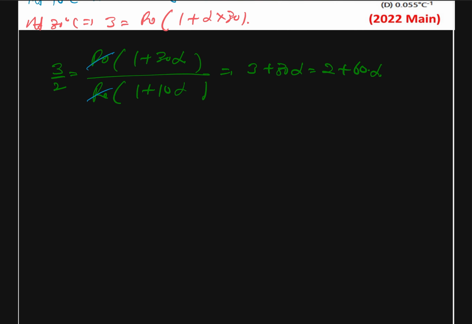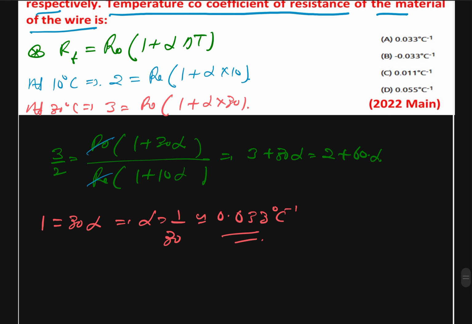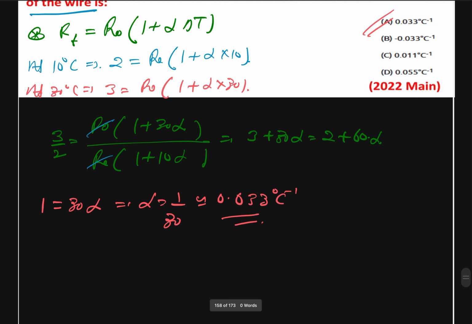We manipulate it, and we get 1 is equal to 30 alpha. So we get alpha is equal to 1 upon 30, which is approximately 0.033 per degree centigrade. So we get this as 0.033. Option A is correct.